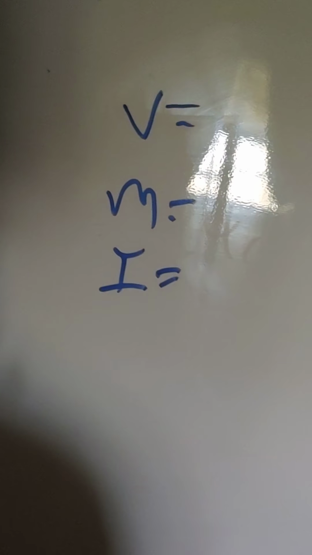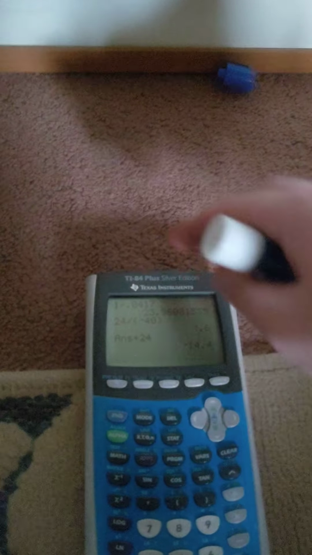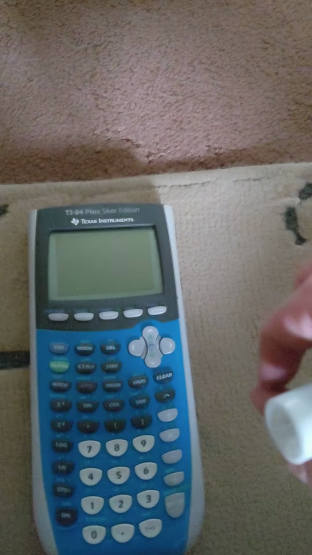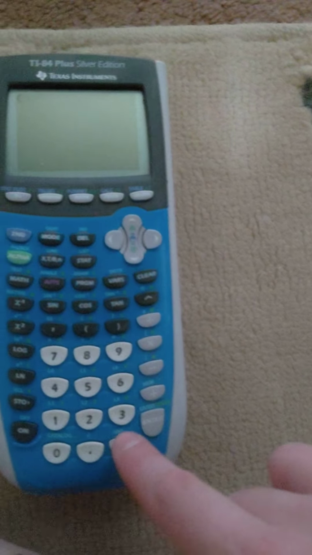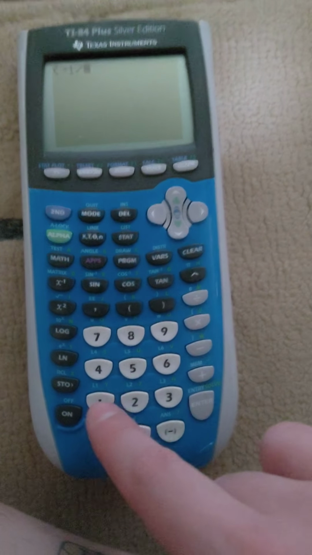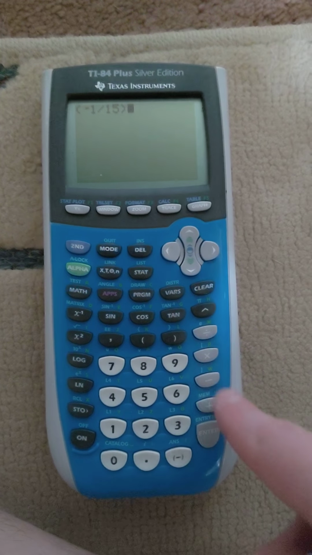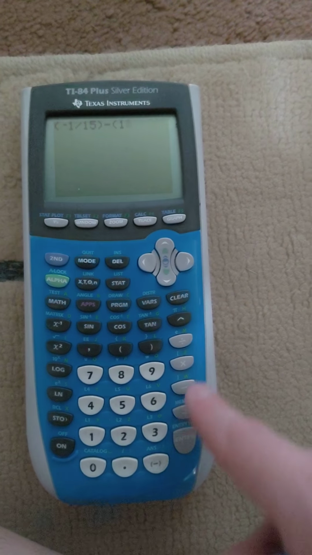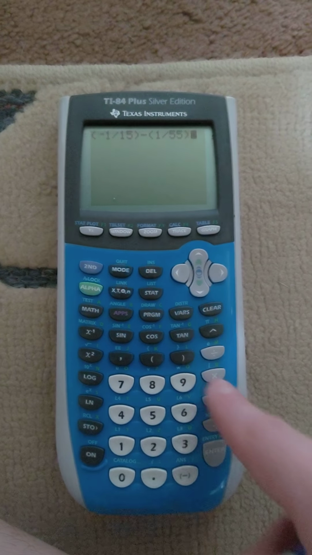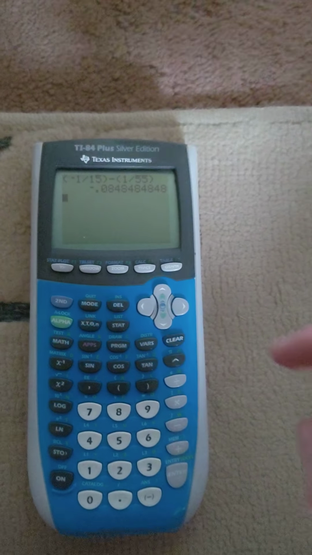Going to get our handy dandy calculator. Who did I pick that up from? There's a YouTuber I watch that I have picked that up from. So negative 1 divided by 15 minus 1/55. Is that correct? That is correct.